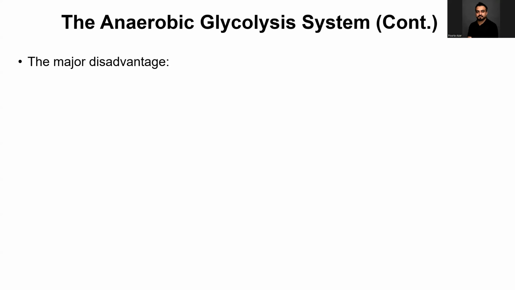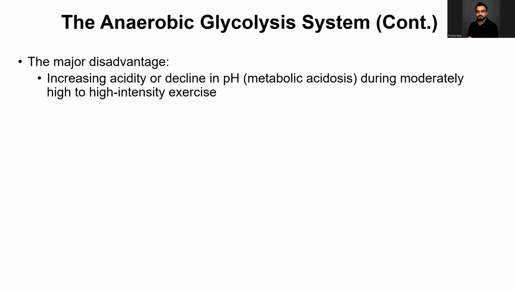Here is the major disadvantage of the glycolysis system. After a while, it increases the acidity or decline in pH, which is also called metabolic acidosis, during moderately high to high intensity exercise.